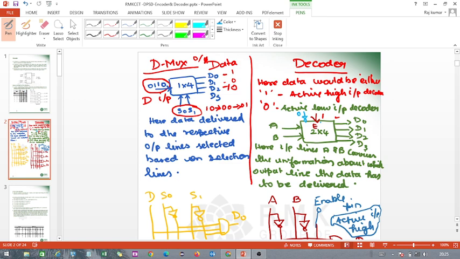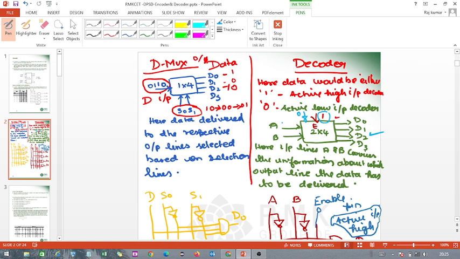So input is decided here. What kind of data is decided here, but from whom to whom? Got it? Here the data is decided. Suppose you're going to transfer 1 to this line of D2, the same way, if I want to transfer first to this, then the input has to be 1, 0. That means the inputs are going to speak about the lines to which I have to deliver the data.